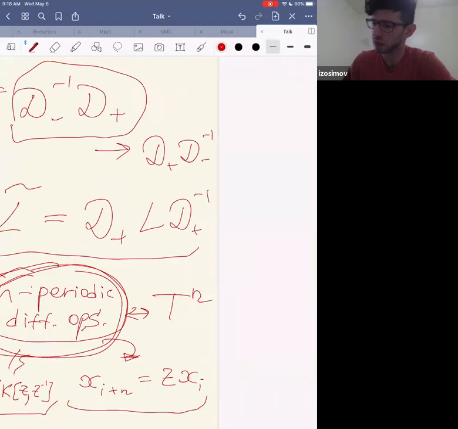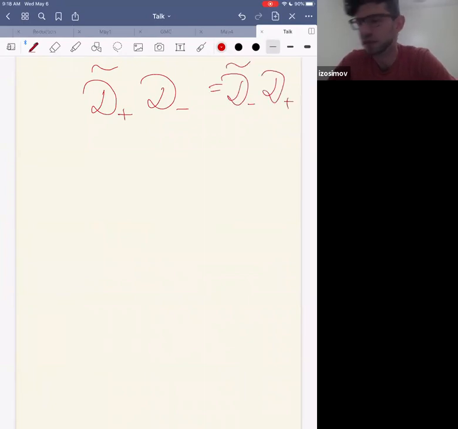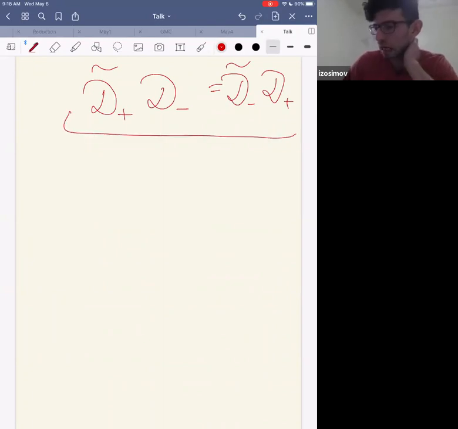Okay, so I still need to explain why the pentagram map corresponds to this equation. This is the main point in the proof, and it's pretty simple. So this is a certain relation on difference operators. I want to explain that on the level of polygons, this is the pentagram map.